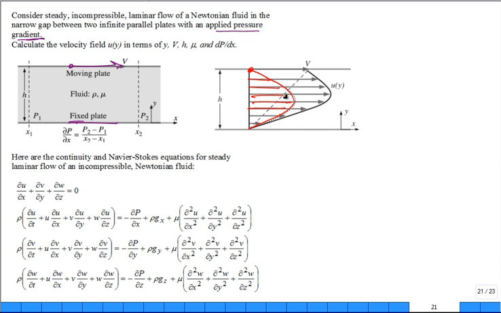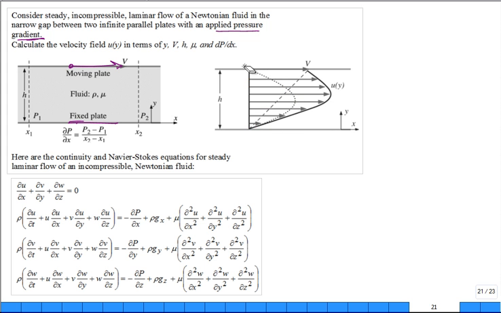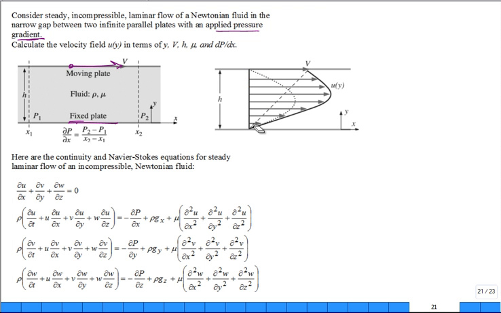It'll be maximum in the middle. Now, if you have the top plate moving plus a pressure gradient pushing it in the direction of the moving plate, you get a combination, and maybe the velocity profile looks like that. Can you see where it bulges out a little bit from the triangular shape? Well, you can predict that. You can predict the shape of that analytically.